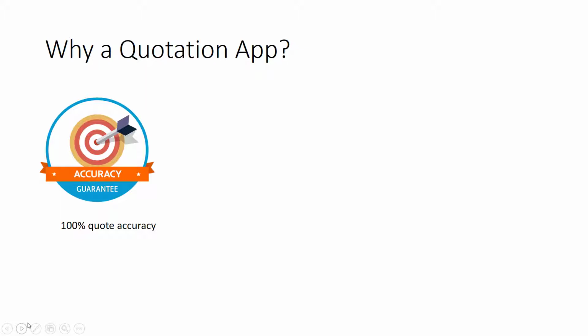Who's to say that I have the latest version? What's more, there's many manual steps, resulting in a large potential for error to be introduced into our process. So having a single point of access for our quotation not only means that we get the latest version of the quotation generator, but that our accuracy is guaranteed 100%.